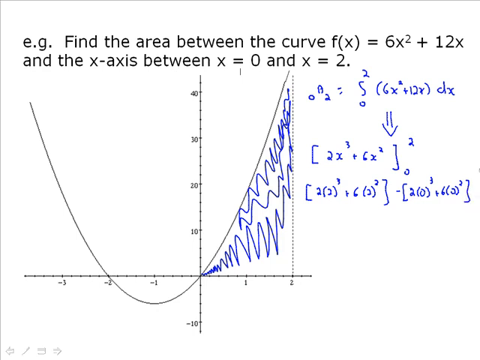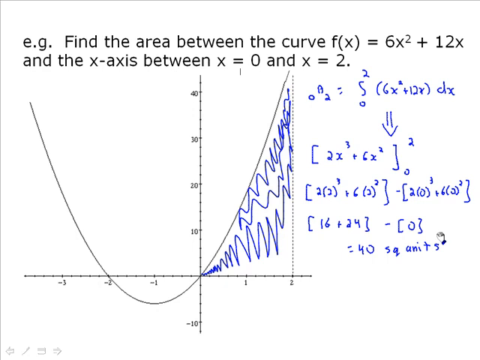Now you can use your calculator or not. It's not that complicated of a one. This becomes 16 plus 2 squared is 4, 4 times 6 is 24. Minus, and then this is actually going to be 0. So that's going to be equal to 40 square units.